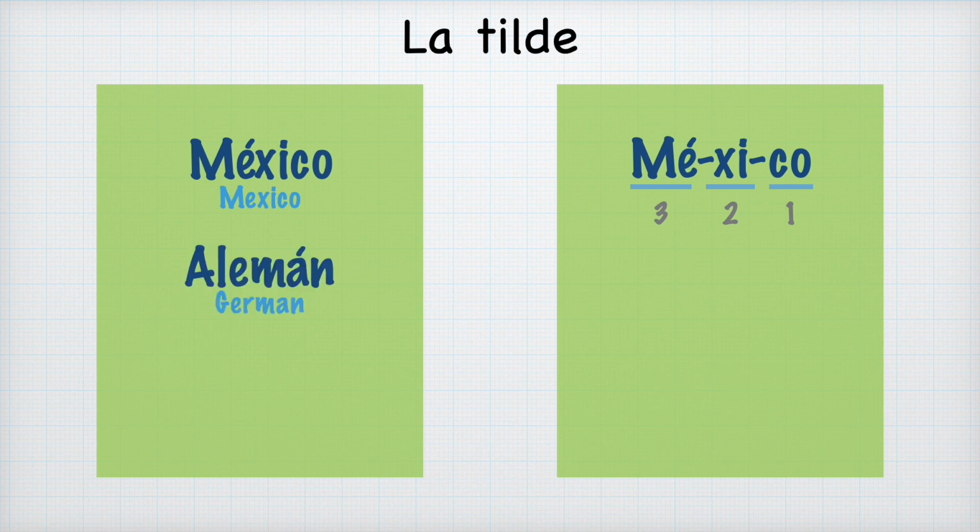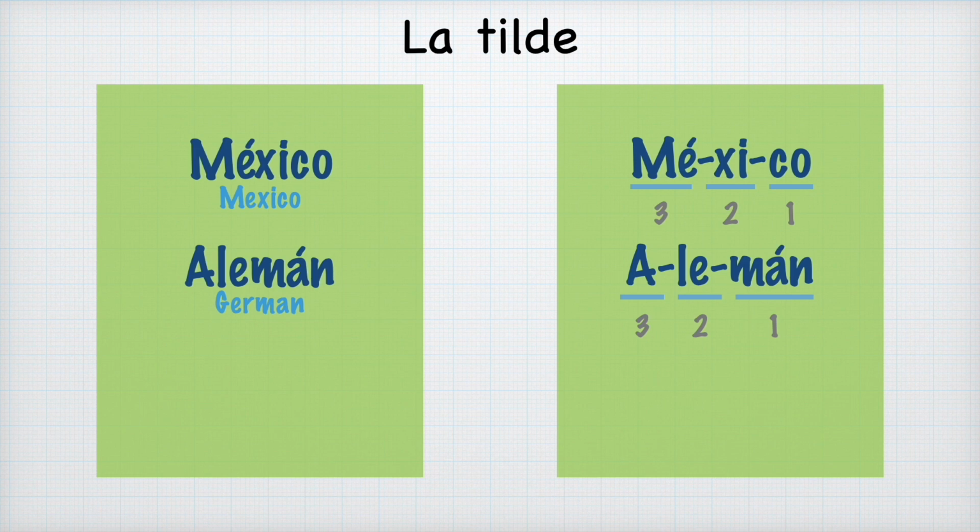Let's look at another example. Alemán. It means German. So Alemán has 3 syllables. Because this word ends in N, the stress should be on the second syllable, and you can see the second one is le.